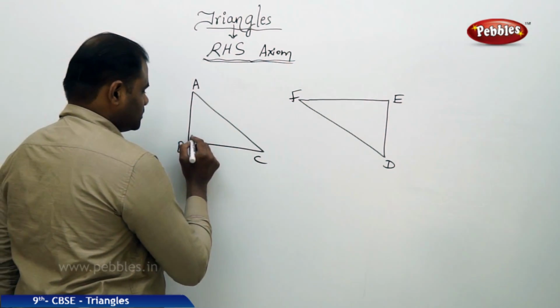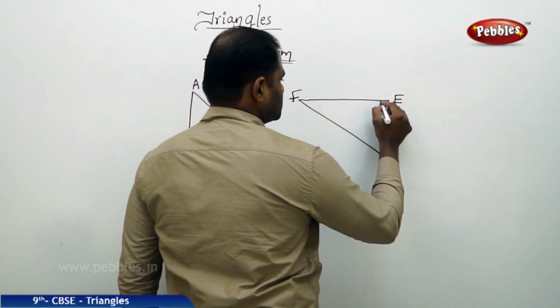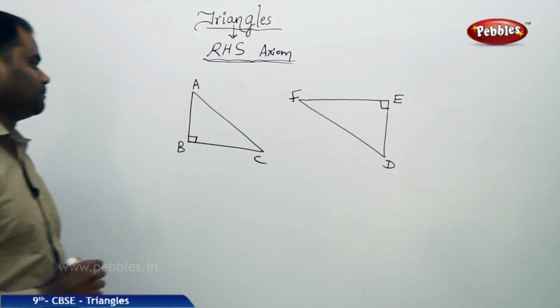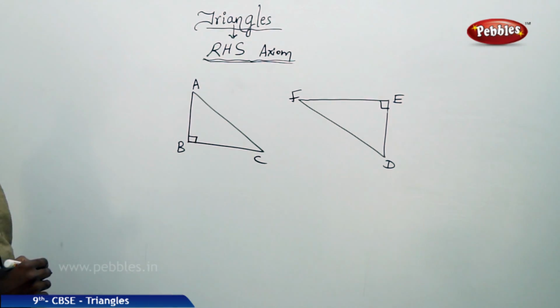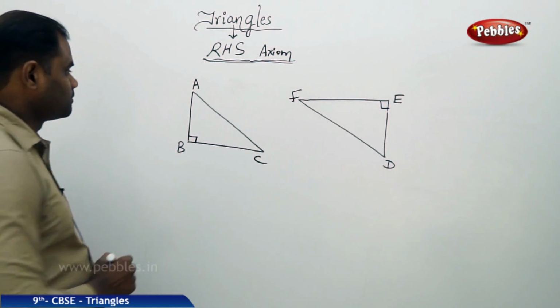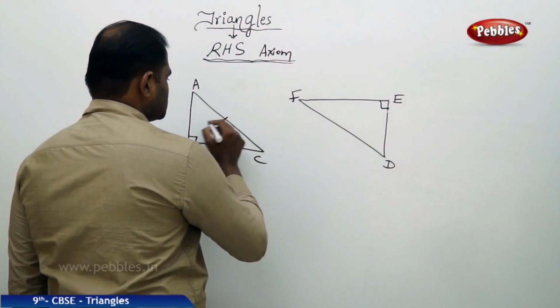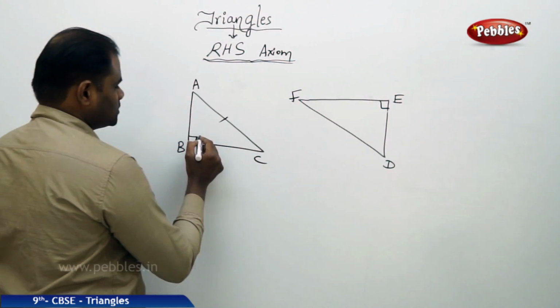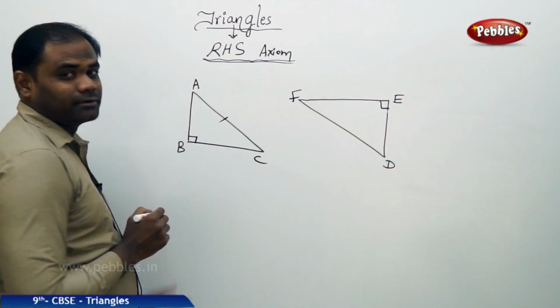This is right-angled at B and this is right-angled at E. Now imagine I have my angle B which equals angle E, which are right angles, and clearly my hypotenuse here is AC because this is opposite to 90 degrees.